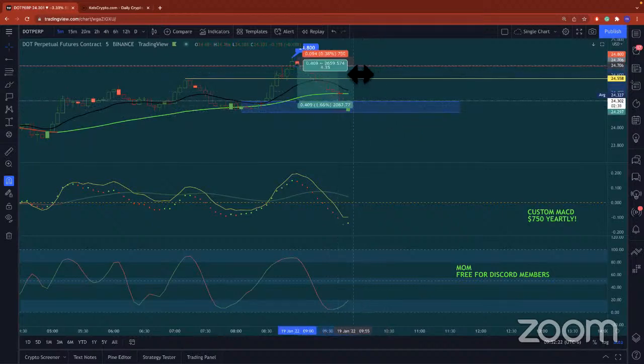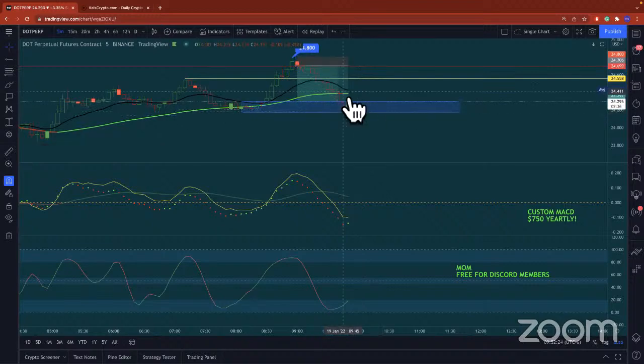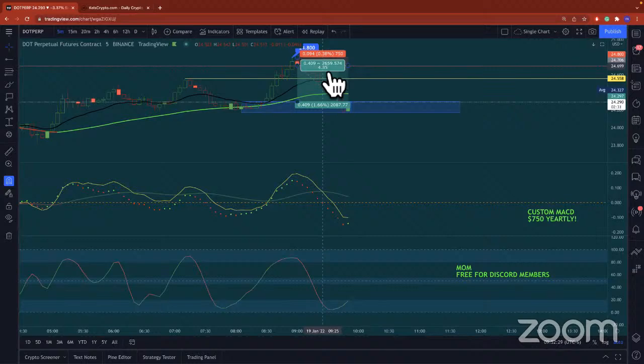We're going to move this over. This is where we got stopped out at. This is a 1.66%. Not too bad.